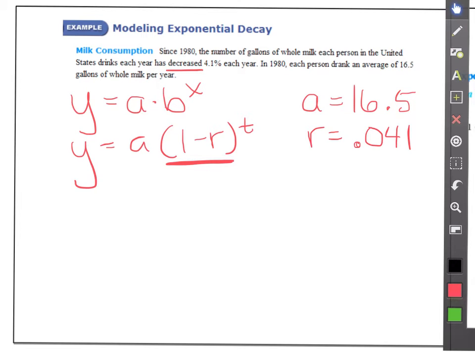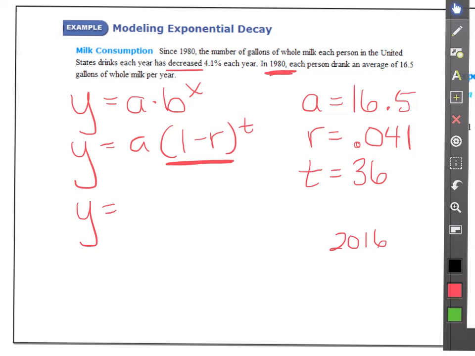And then they're asking us, since 1980, how much does a person drink now? You can predict that. So we're going to have to look at the time since 1980. And at the time of this video being made, it's 2016. So 1980 to 2000 would be 20 years, and now we're at 2016. So we're looking at 36 years of declining milk consumption.